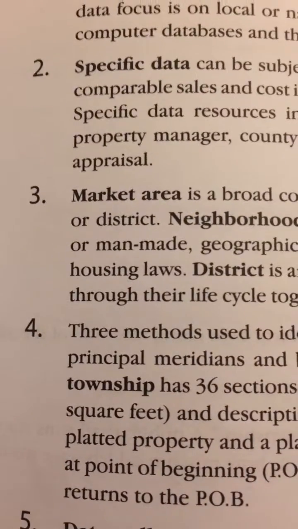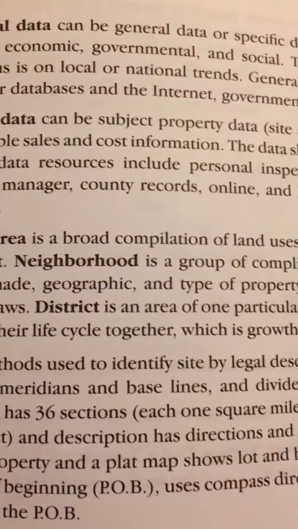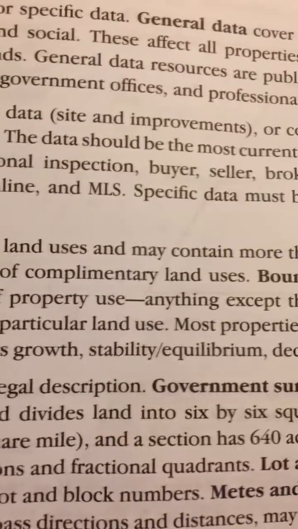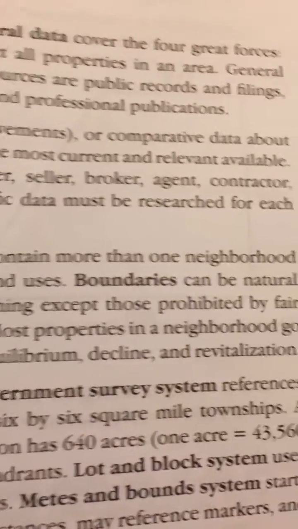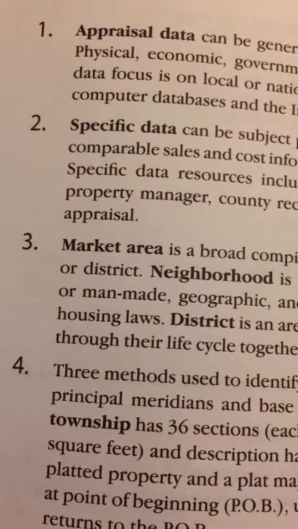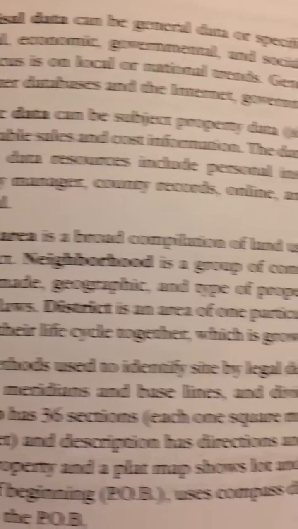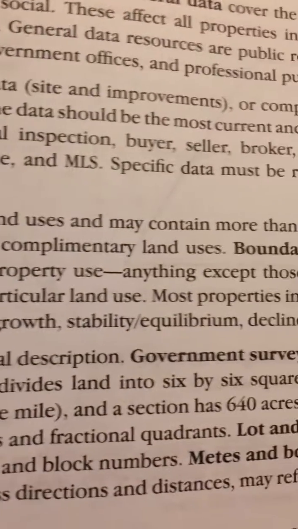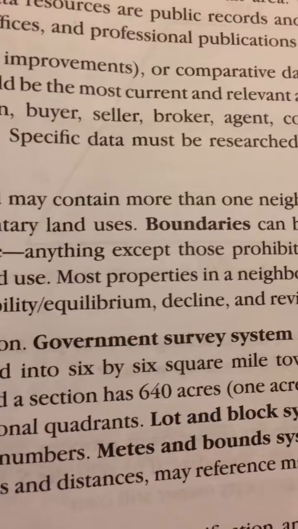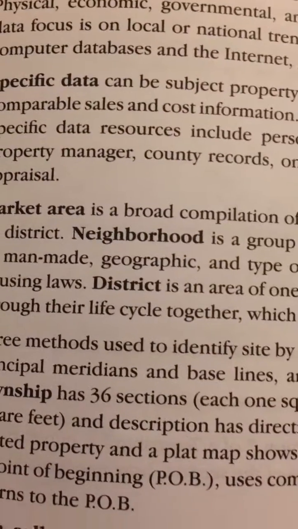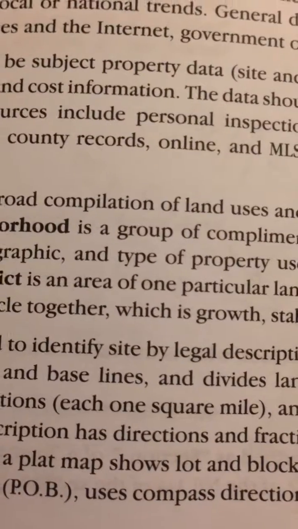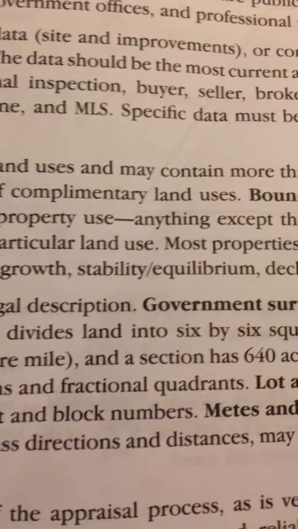3. Market area is a broad compilation of land uses and may contain more than one neighborhood or district. Neighborhood is a group of complementary land uses. Boundaries can be natural or man-made, geographic, and type of property use.